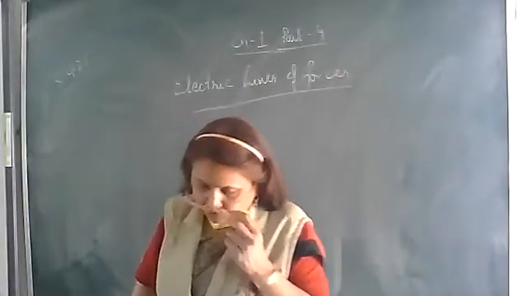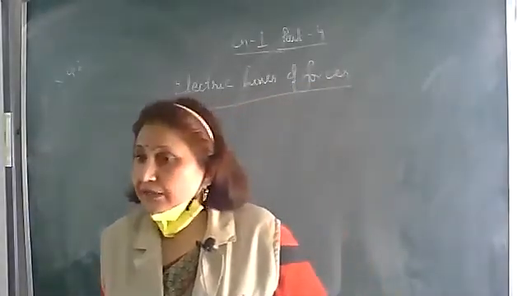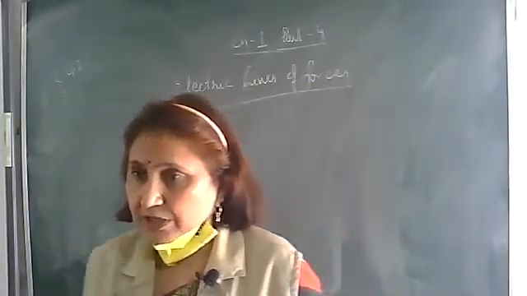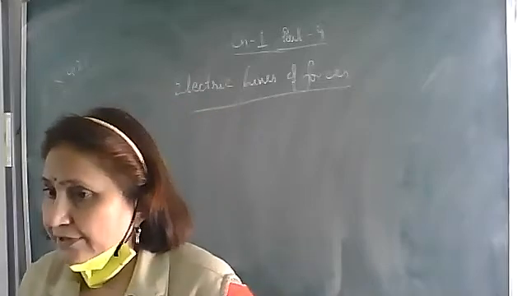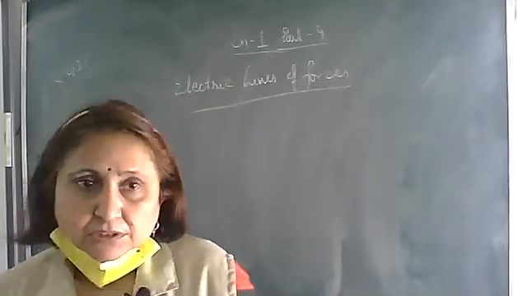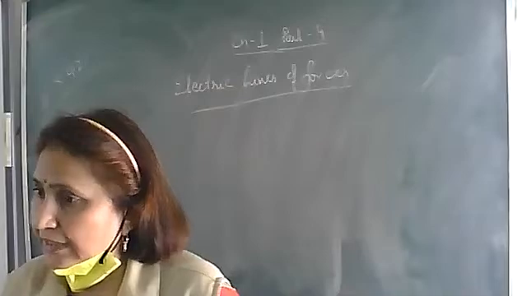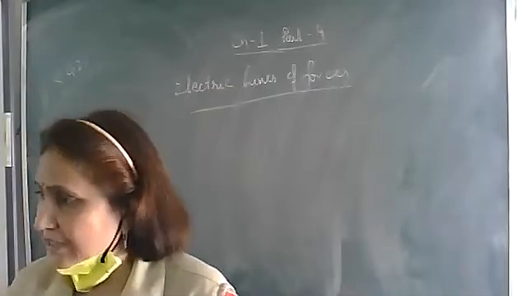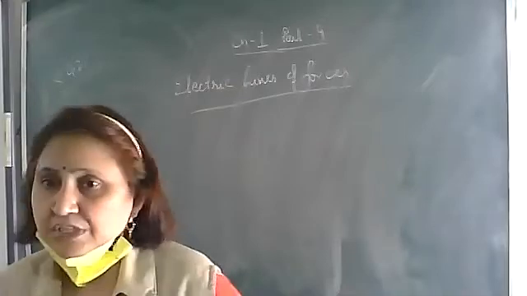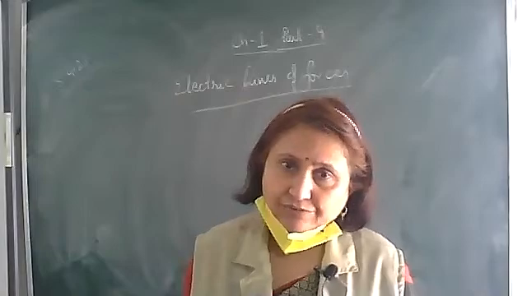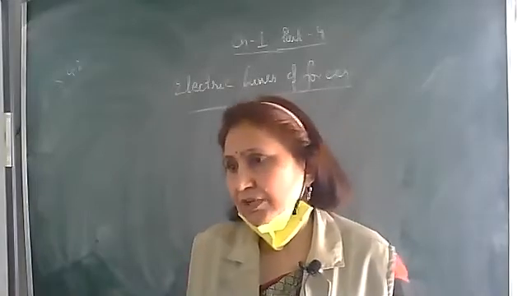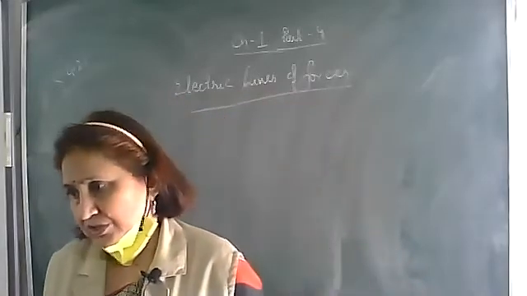Okay, in the electric field, what is the electric field? This region of space around a point charge in which the electrostatic force can be experienced, this we call the electric field. In this electric field, some imaginary lines could be drawn which give the direction of the electric field. These imaginary lines we call the electric lines of forces.